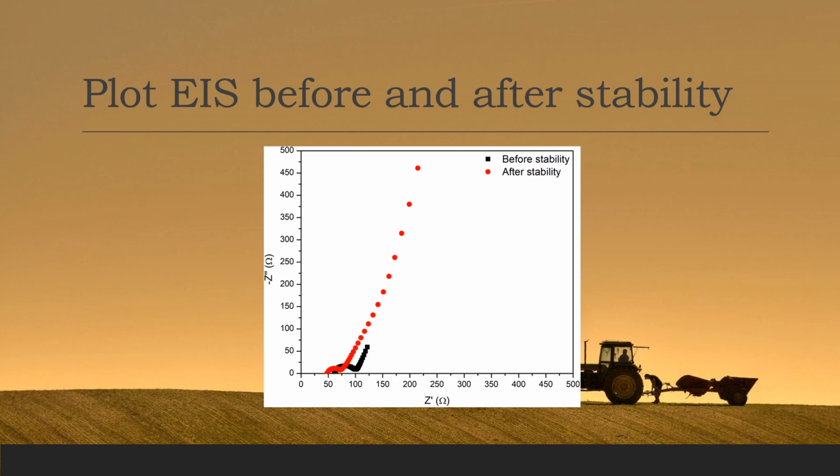After the stability test, the Warburg line becomes longer because now we observe some resistance, some loss of capacitance, from 100% to now 84%. So 16% of capacitance is lost, maybe due to resistance. That's why our Warburg line becomes higher.